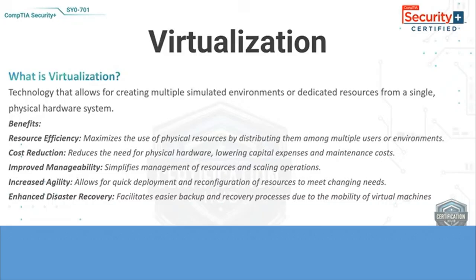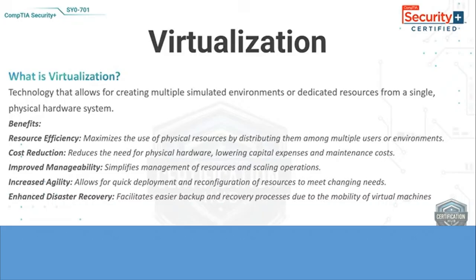Now we are moving to virtualization. Virtualization is, as you can say, a technology that makes cloud possible. It creates a virtual instance of physical hardware, allowing multiple operating systems and apps to run on a single machine.